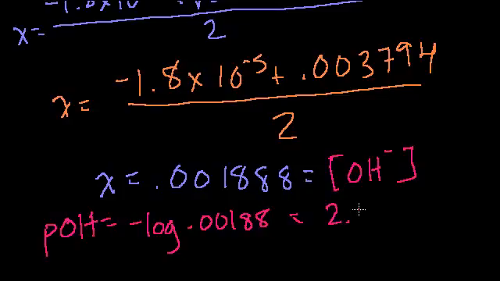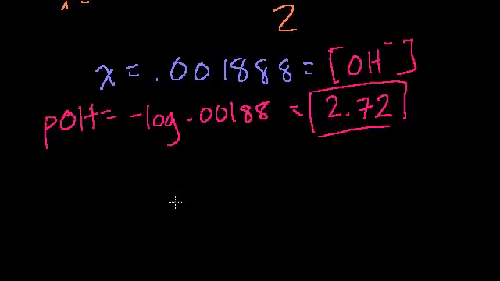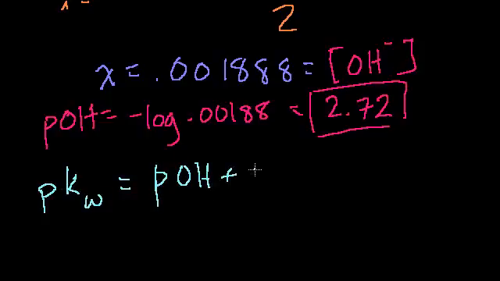And now, if we want to figure out the pH, remember when you're in an aqueous solution at 25 degrees Celsius, your pK of water is equal to your pOH plus your pH. This at 25 degrees is 14.